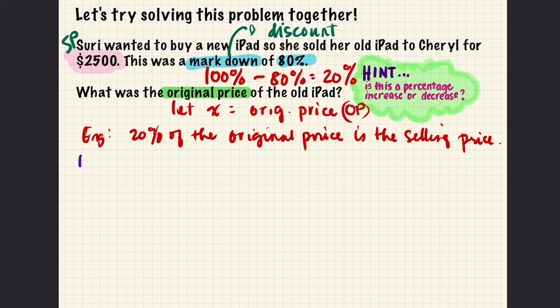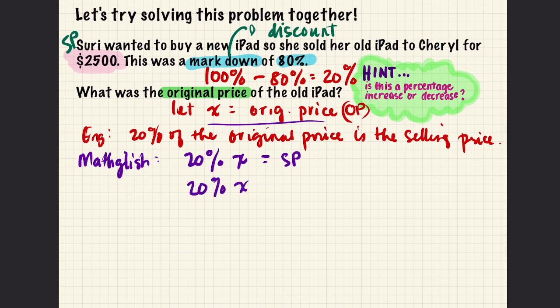Okay, so this is Mathglish. 20% of the original price of X, okay, 20% of X, because X is our original price, is equal to the selling price. Okay, so 20% of X is equal to 2,500, the selling price.